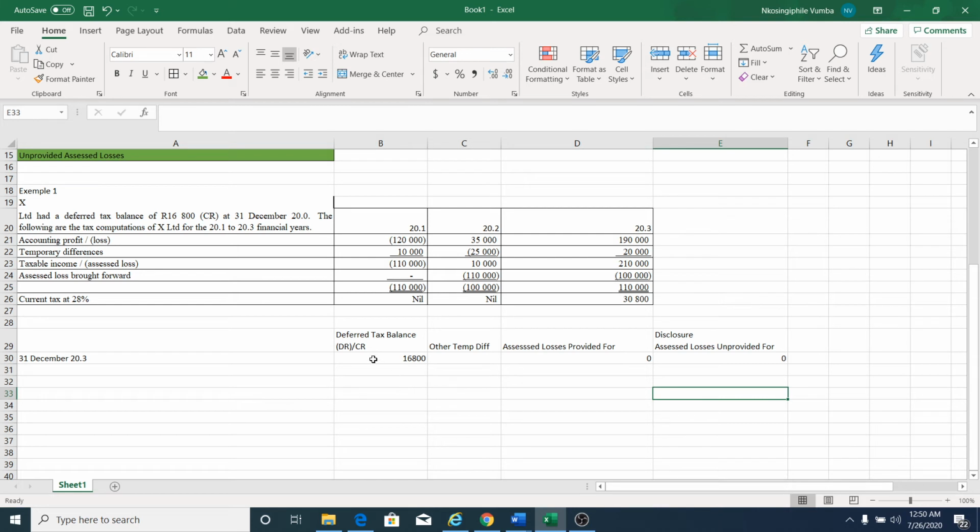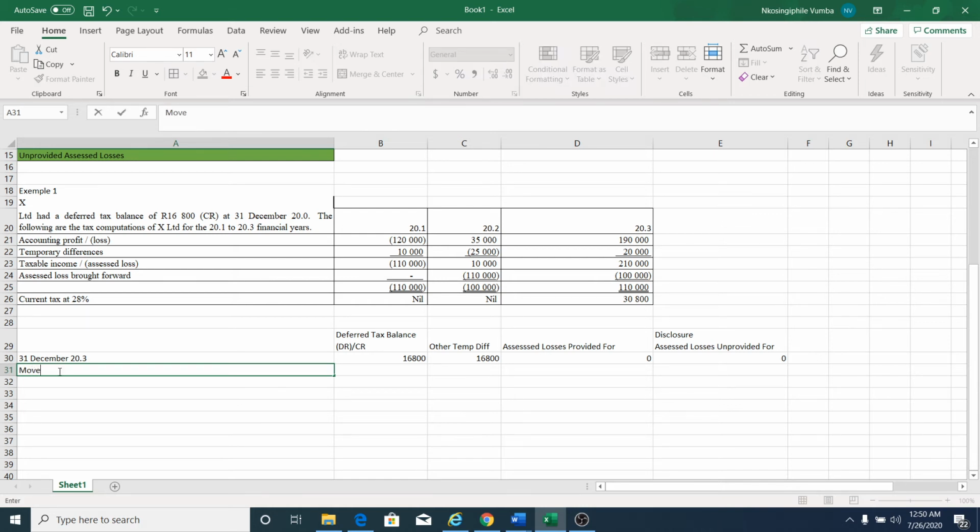So obviously this is nil also, and we know that this plus this should give this. It means in here we also have 16.8. Okay, I hope that is clear for now.